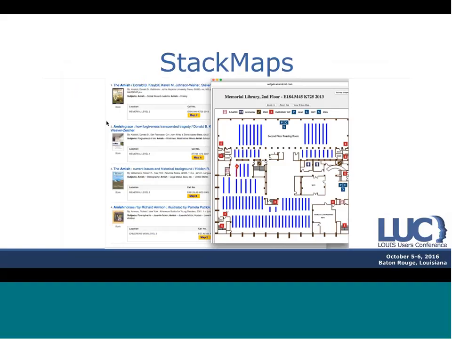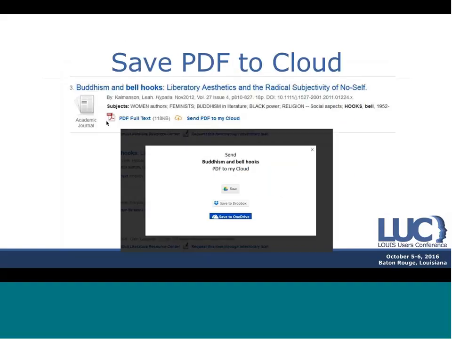And so they worked with us, and we were able to build connections to the API such that we can add those map it icons or buttons to catalog items, and users can see, where is this on the shelf? Where does this exist in my library? This is much like Springshare products. This is the thing where you have to have the subscription there already with the other service, but we can pull that integration into EDS.